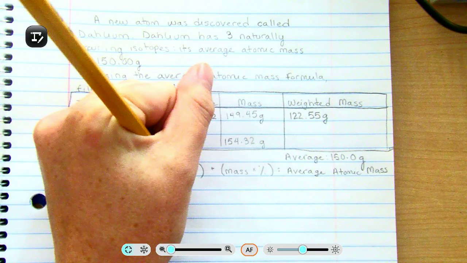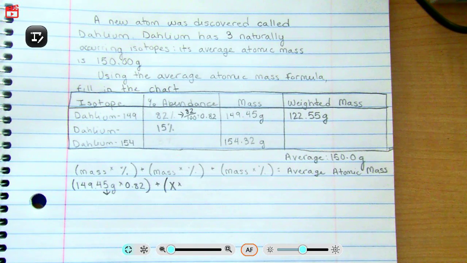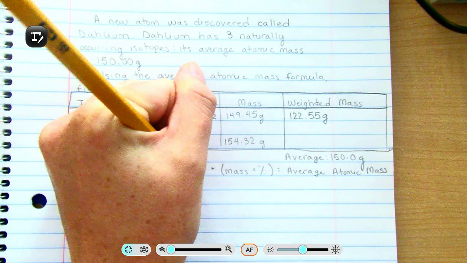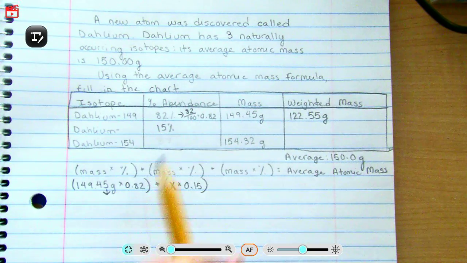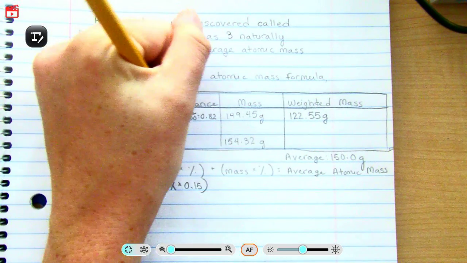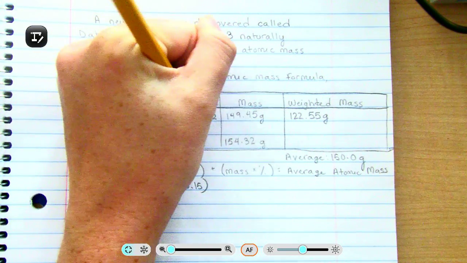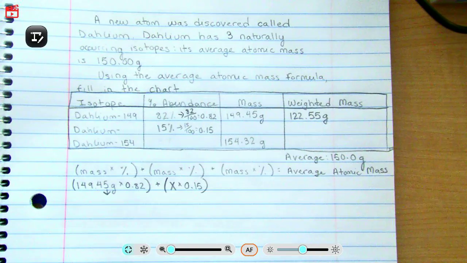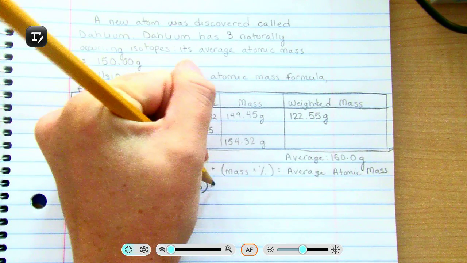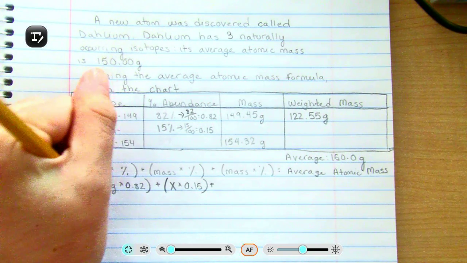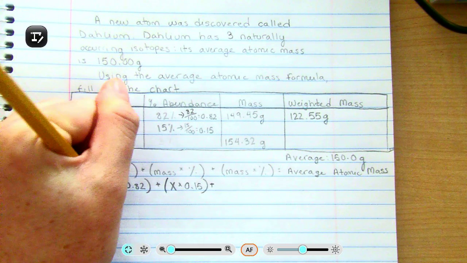And then we know that when we do figure out the variable, it's going to be multiplied by 0.15, because again, 15% is really 15 over 100, or 0.15. We're going to come back to our middle isotope of dolium because we need more information to finish that. Sorry, I didn't write down here, 122.55.